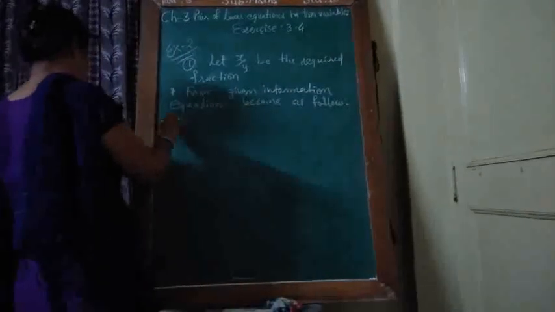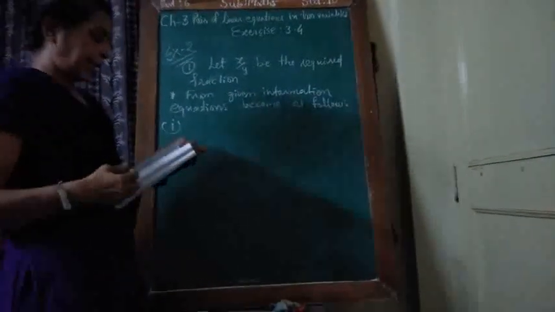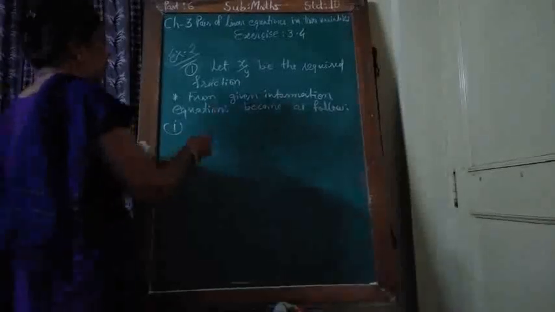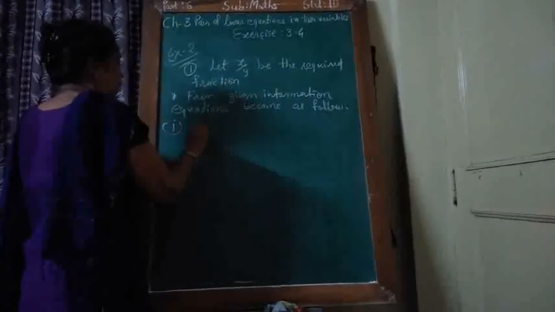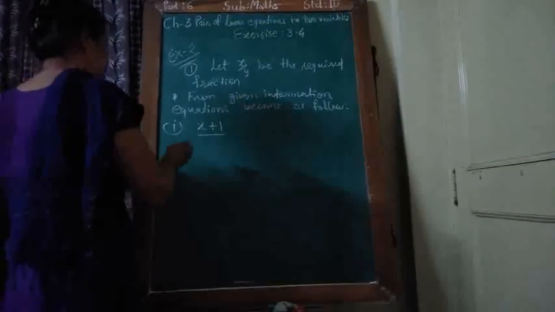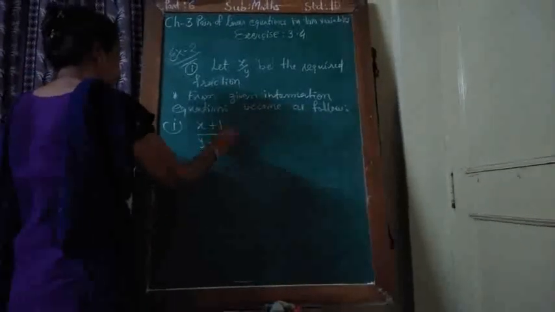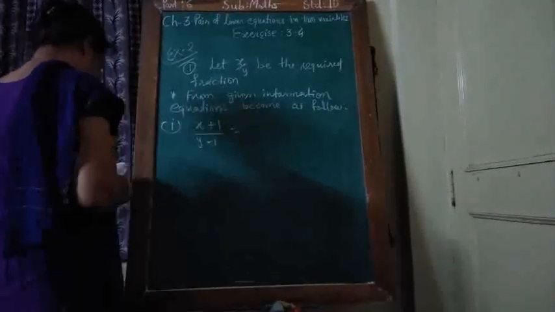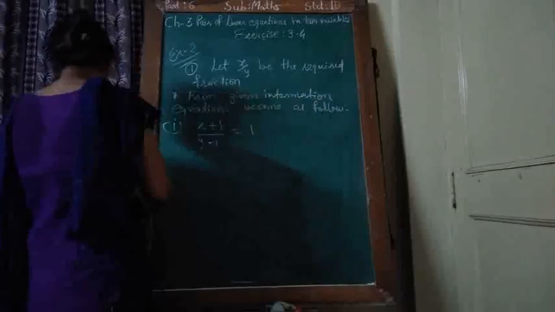Here the numerator is x, so add 1 to the numerator and subtract 1 from the denominator. Then the fraction reduces to 1. That means the fraction is 1.